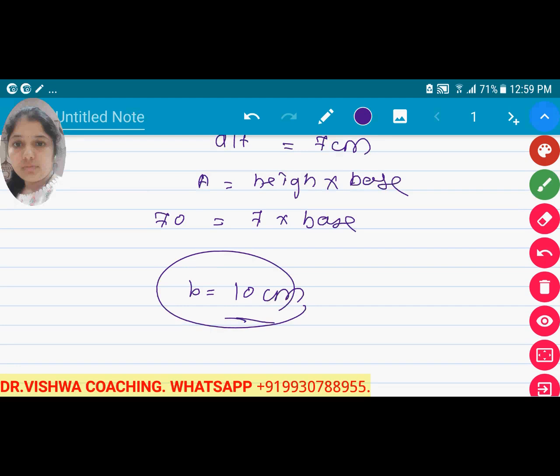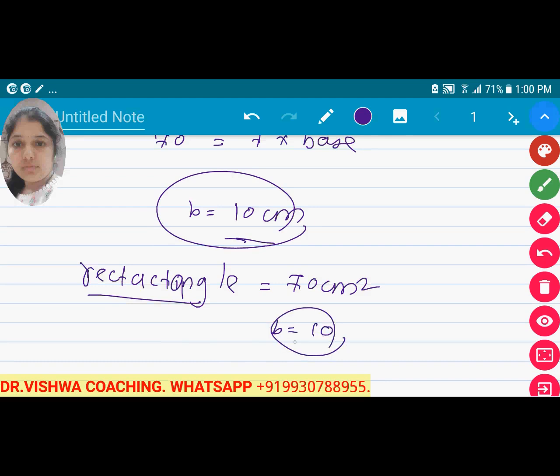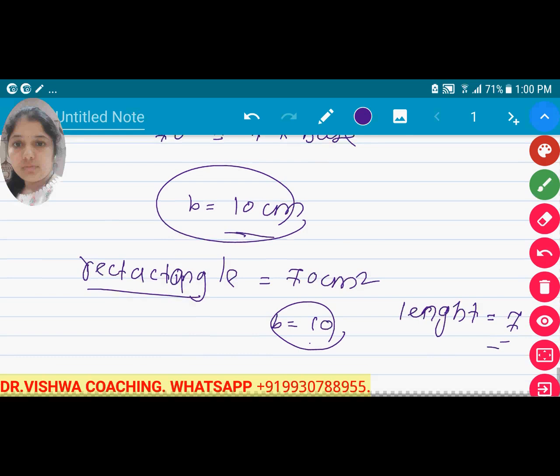We got the value for base as 10 centimeter. Now for the rectangle, the area remains the same, which is 70. Base is 10. So altitude is the length only, so the length is 7.